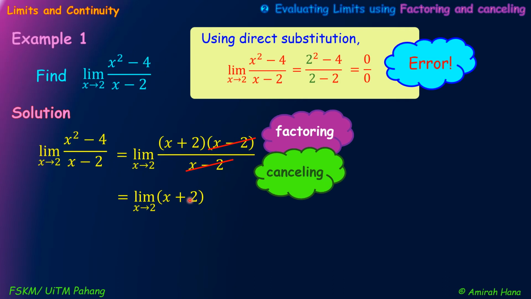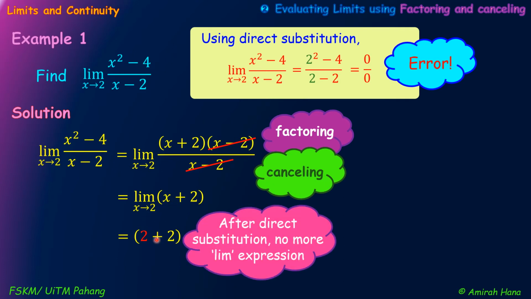From here, we can use direct substitution after factoring and cancelling. We substitute the value of 2 into variable x here. And remember, after direct substitution, there is no more limit expression. Then we simplify, so we get the final answer equal to 4.